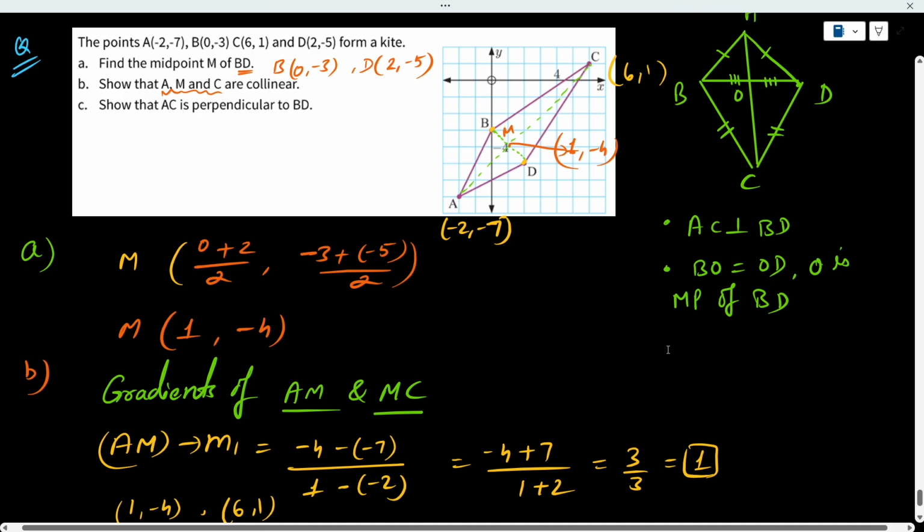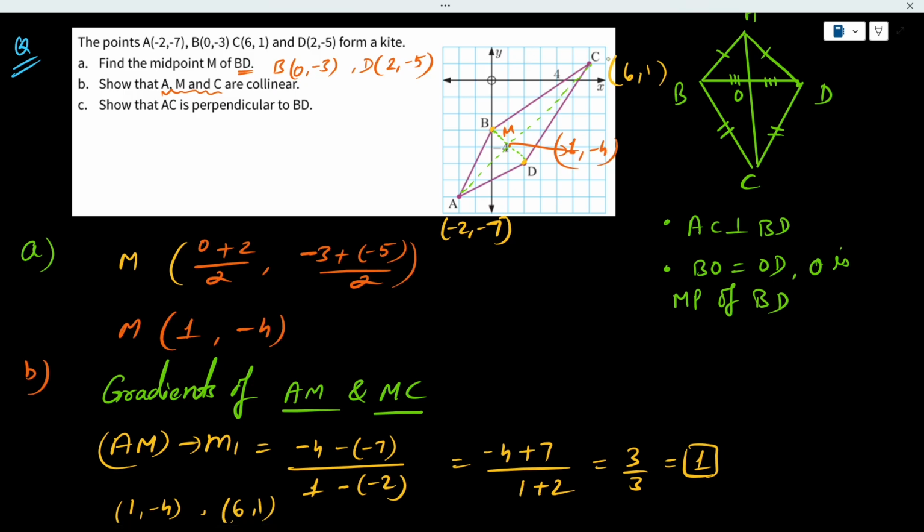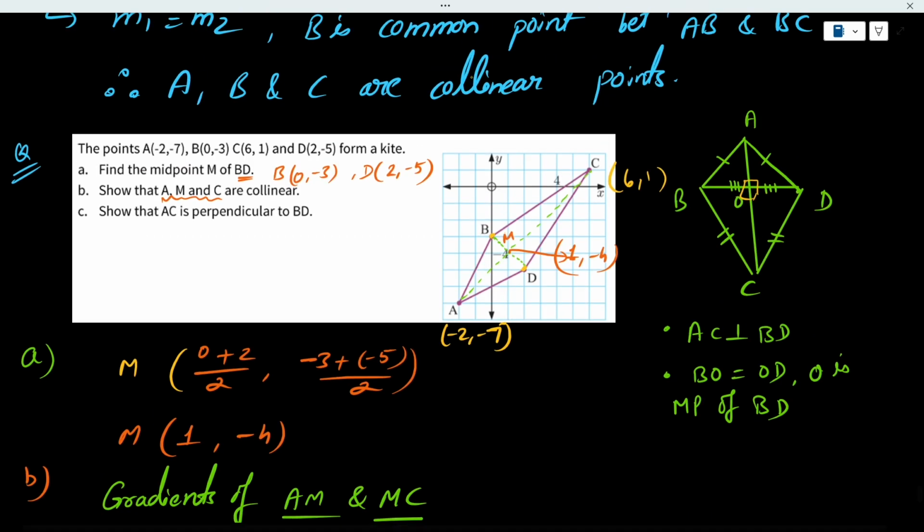Now after that, you need to show that AC is perpendicular to BD. See, we know that as per the property of a kite, it is perpendicular, but you can't just write that because as per property it's perpendicular. You know that to check perpendicularity, you need to show that the product of their gradients is -1. So for AC, what will be the AC gradient here?